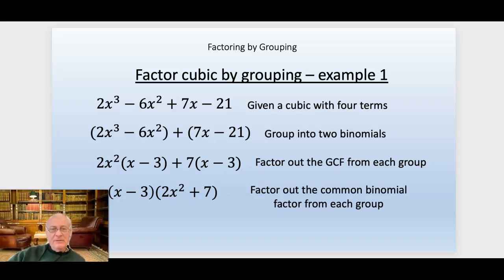Again, you're given a cubic with 4 terms. You go ahead and group into 2 polynomials. Just group the first 2 together and group the last 2 together. Take out the greatest common factor from each group. In this case, it's 2x squared. It will always be an x squared.